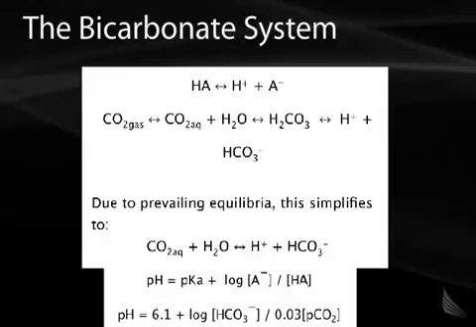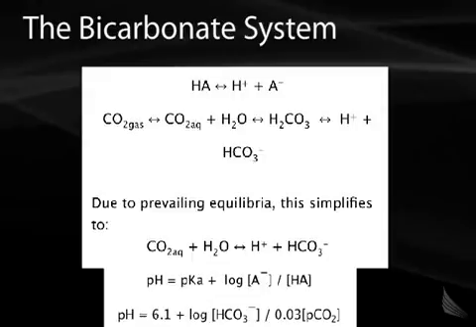Carbon dioxide, which normally exists in the gaseous form, is also in equilibrium with the aqueous form. Carbon dioxide combines with water to form carbonic acid. Carbonic acid is a weak acid and dissociates into free hydrogen concentration and bicarbonate.